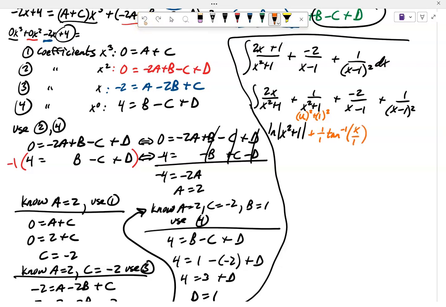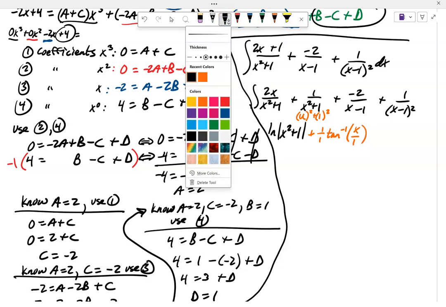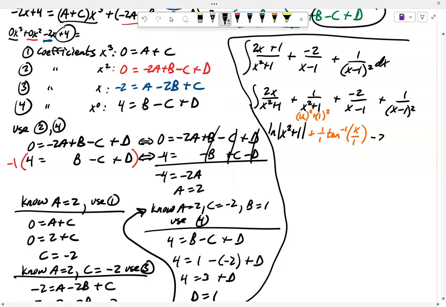And then we continue on with this. Minus 2 natural log of x minus 1. And then we're integrating 1 over u squared, so I got plus u to the negative 1 over negative 1 plus a constant.